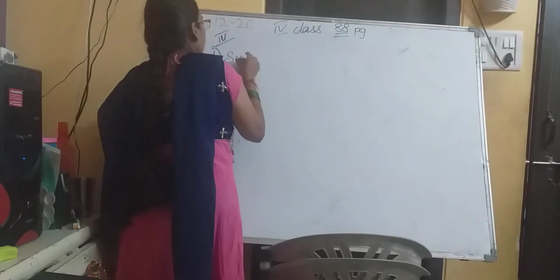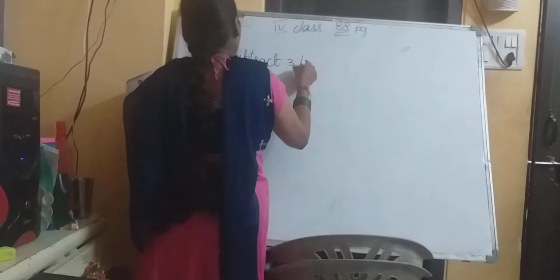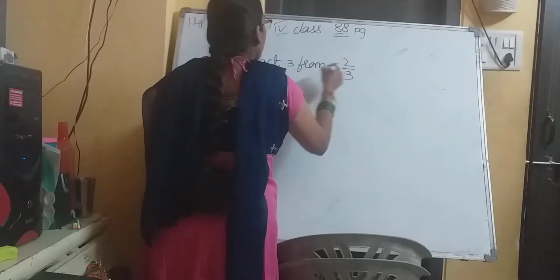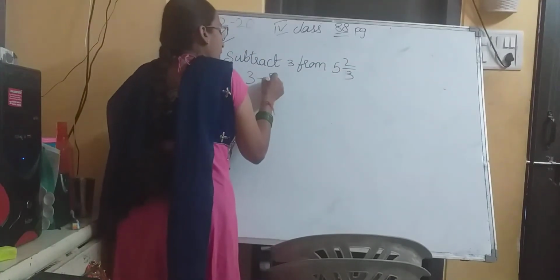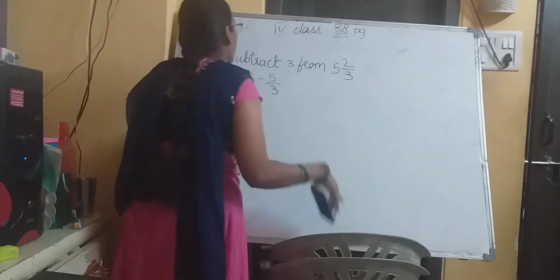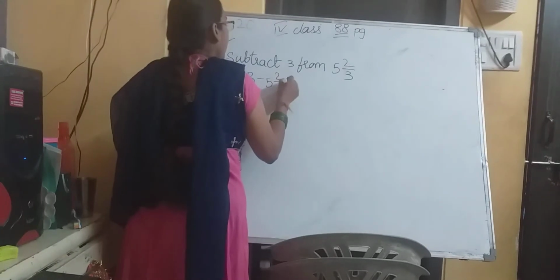Subtract 3 from 5 2 by 3. That is nothing but 3 minus 5 2 by 3.